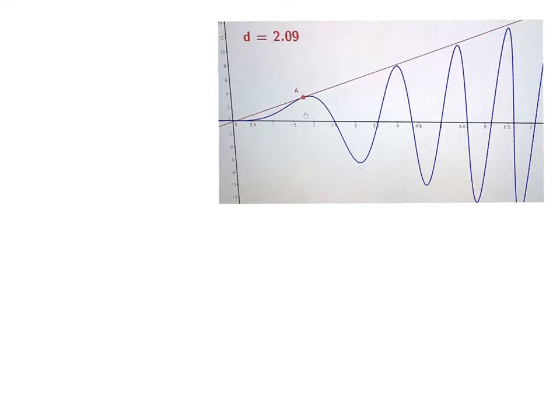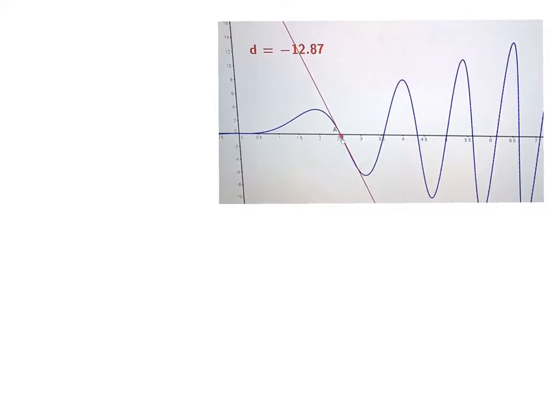Now we continue to the next interval from the maximum to the minimum point, and we will see that the tangent has a slope that is negative. Therefore, the derivative is negative when the function is decreasing. Next, the function is increasing, the derivative is positive, and then the function is decreasing and the derivative, or the slope, is negative, and so on.